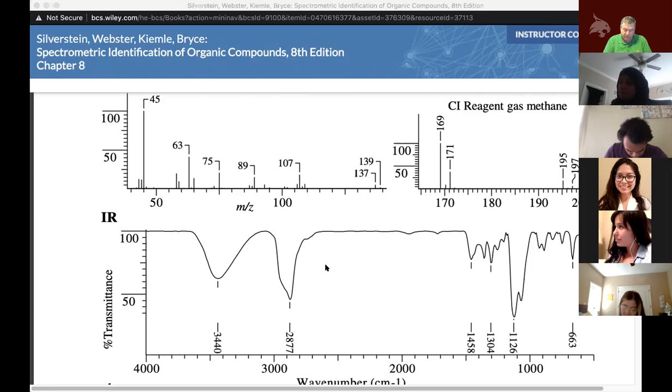So 197 minus 15 is equal to 182. So that's why that one peak's higher than the others. And it looks like we lose a fragment and we still have chlorine on the system. So the fragment we're losing is that 197 minus 171 is equal to a 26, which is, of course, 13 plus 13, which is a C2H2.